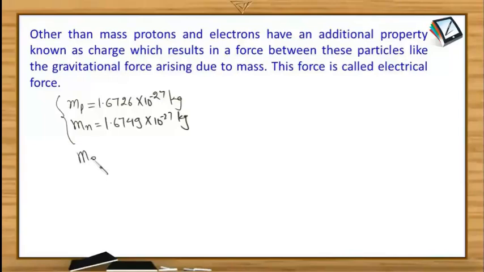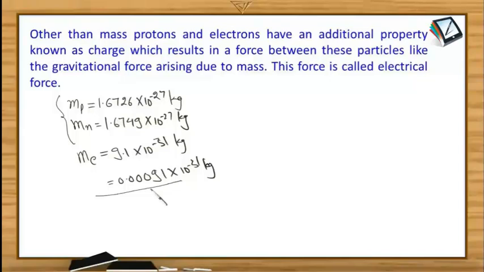On the other hand, the electron is a very light particle whose mass is 9.1 into 10 raised to the power minus 31 kg. If you want to compare it with proton and neutron, you can write it like this: 0.00091 into 10 raised to the power minus 27 kg. And that is how you can see that the electron is a very, very light particle in comparison to the proton as well as the neutron.